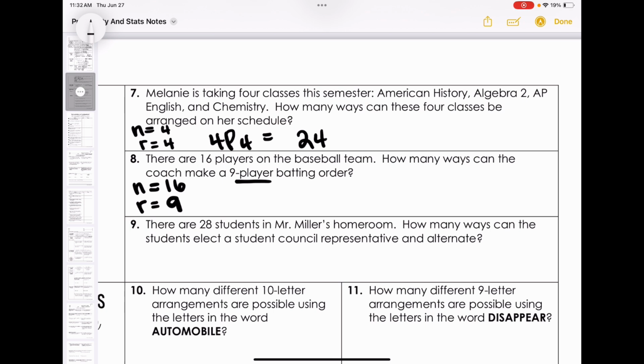So it's going to be 16P9 in my calculator, which gives me a really big number. I'm not even going to try and say that number out loud.